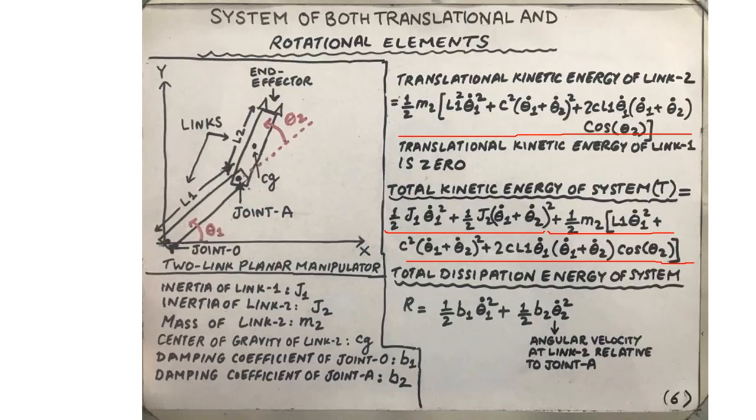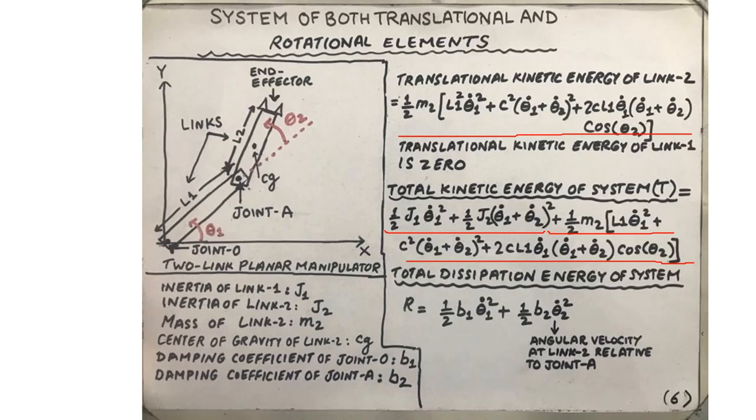There is no potential energy in the system, no rotational or translational motion associated with the springs, and also due to the fact that we have ignored the gravitational pull. So the potential energy will be zero.